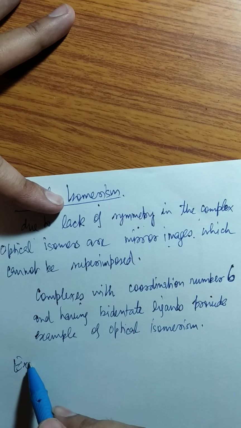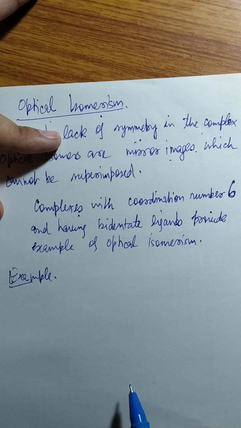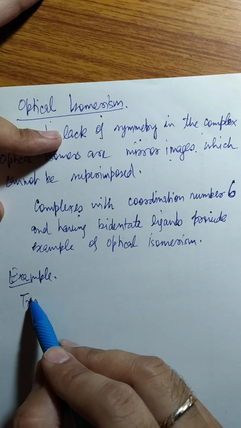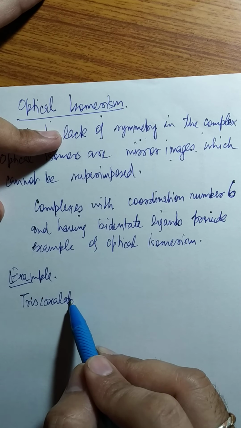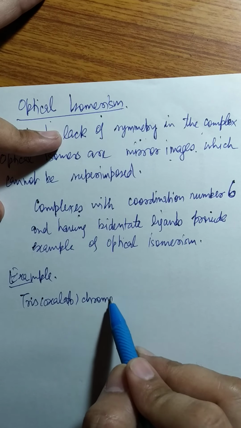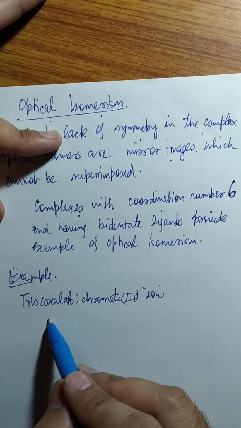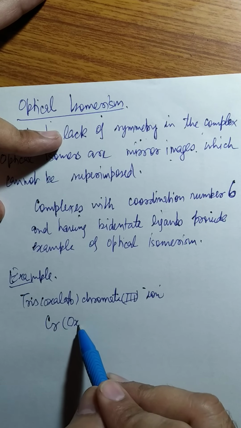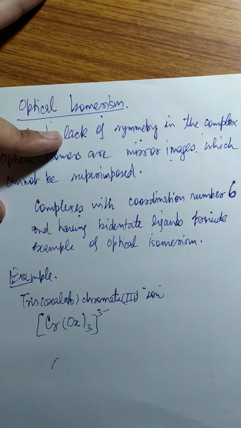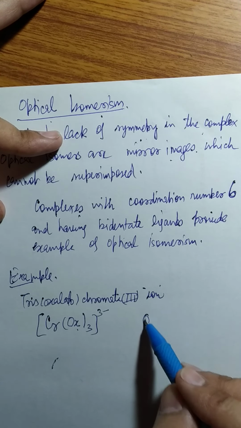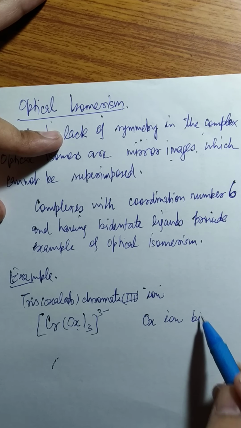We can take an example: tris oxalato chromate 3 ion. Keep it in mind that the oxalate ion here is bidentate.